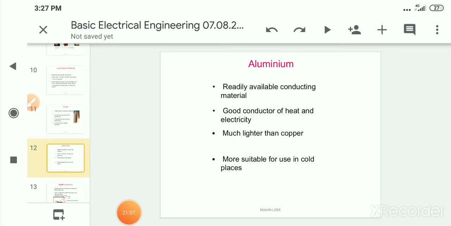It is very much lighter than copper, more suitable for use in cold places.